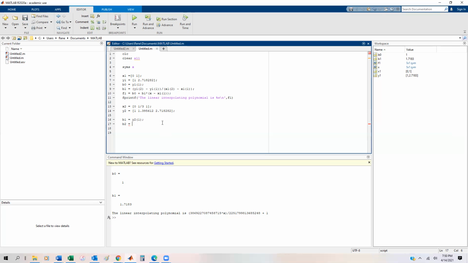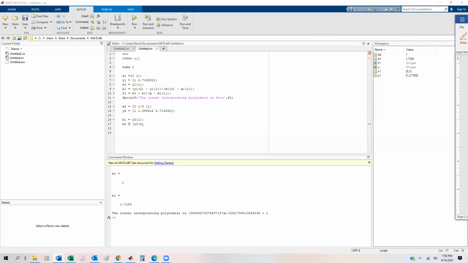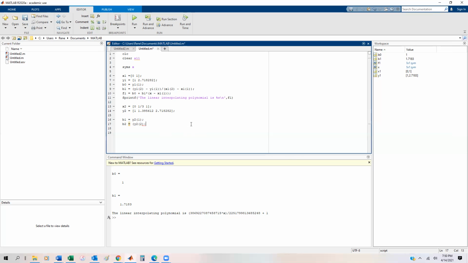So that's going to be y2, 2 minus y2, 1. And then we're going to divide that by x2, 2 minus x2, 1, excuse me. So that's our slope for the linear term. And now B3 is going to be a little bit uglier.